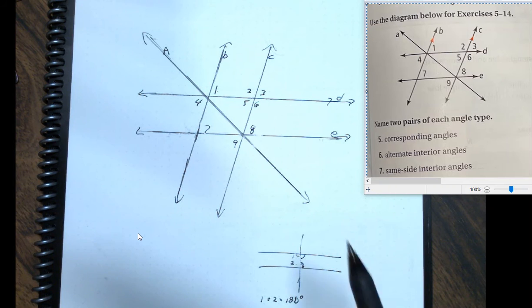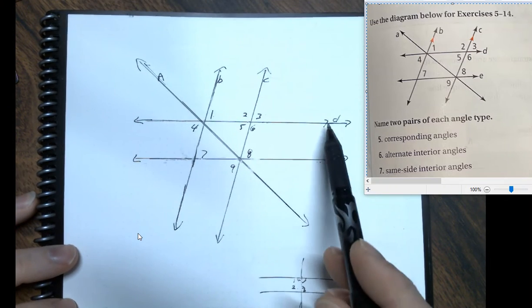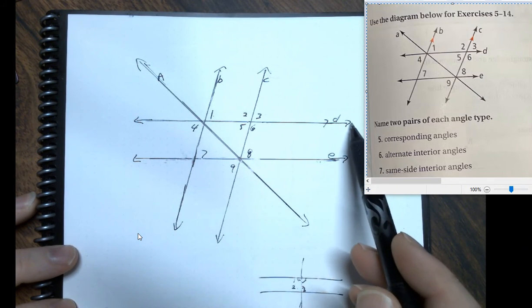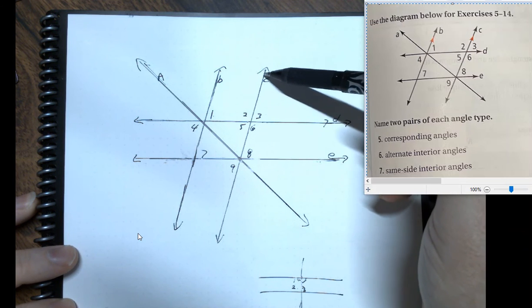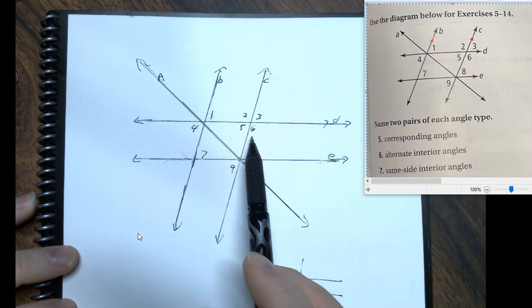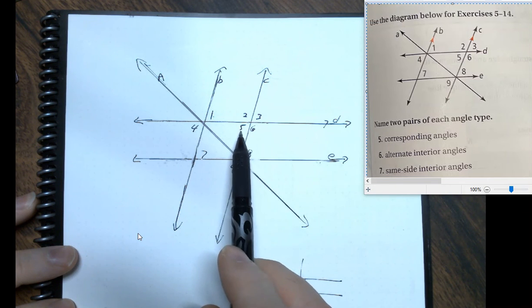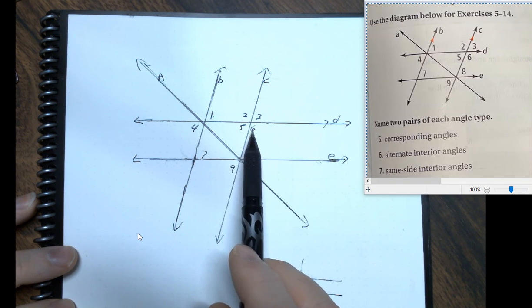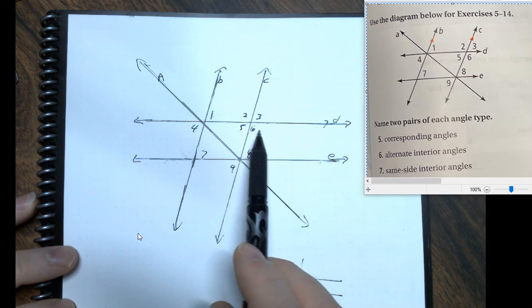So what we could do again is have our D and E being our parallel lines, and now let's look at C as a transversal that's cutting in. On an interior angle that's the same side would be 5 and 6, and those two would add up to 180 degrees.